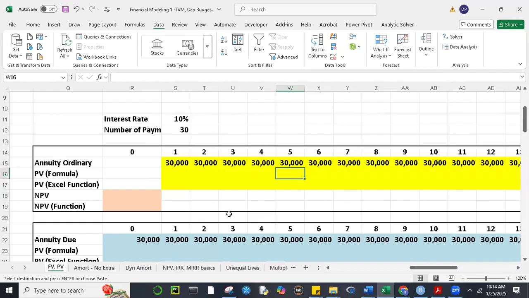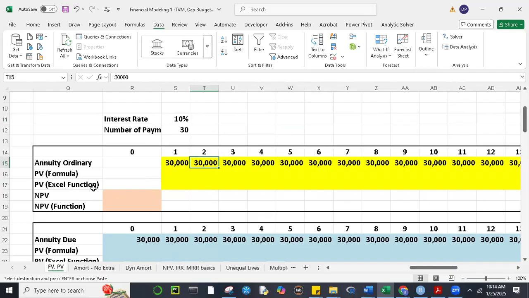We cannot add 30,000, which occurs after 1 year, to 30,000, which occurs after 2 years, because it will violate the time value of money. Money has cost, so you cannot add cash flows that belong to different time frames.